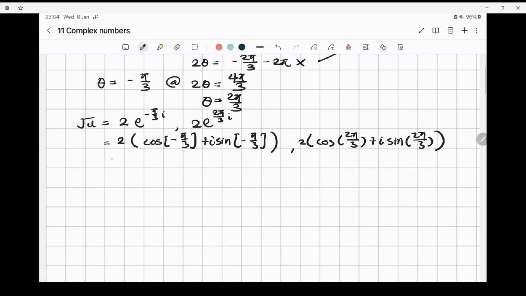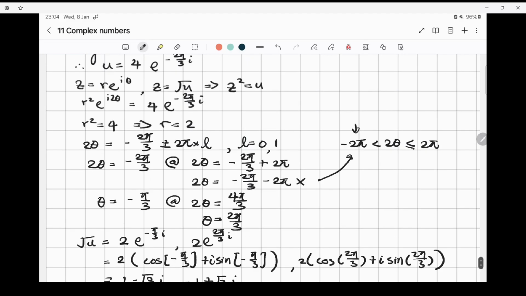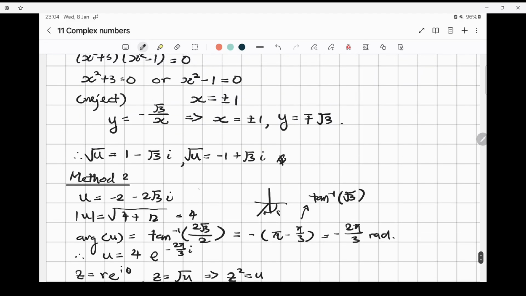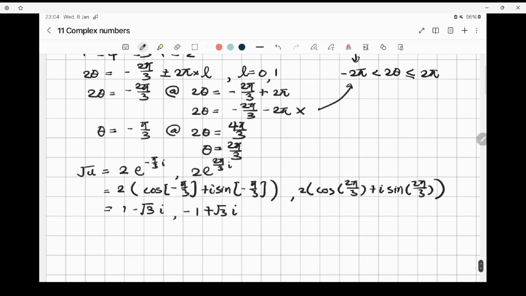So calculate this number. In the end, you will get 1 minus root 3 i, or minus 1 plus root 3 i, which is the same as the solution above.